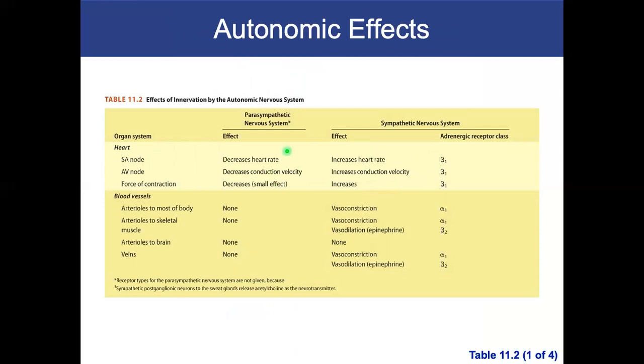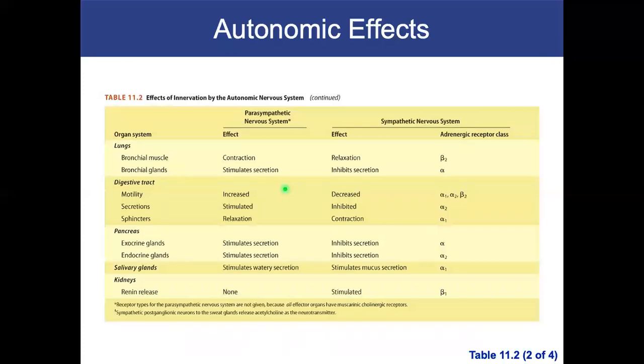Parasympathetic nervous system is going to drop heart rate, conduction velocity, and force of contraction. Digestive tract, parasympathetic is going to increase motility and stimulation for secretions, and it's going to relax those sphincters. So it's going to help move food and nutrients through the digestive tract. Whereas if you're running for your life, your digestive tract is really inhibited.